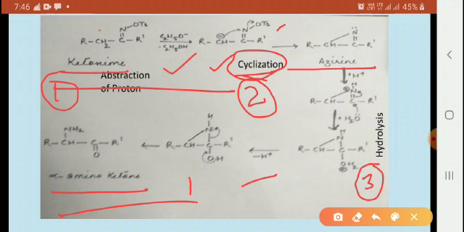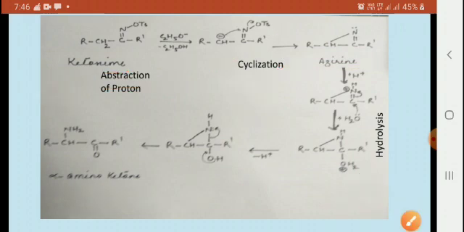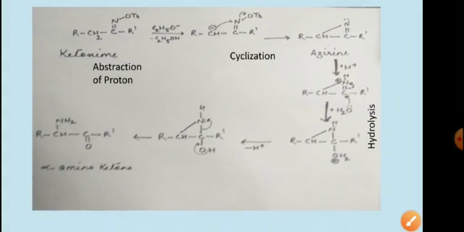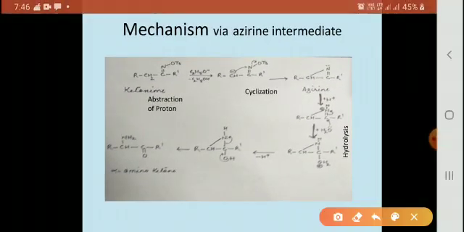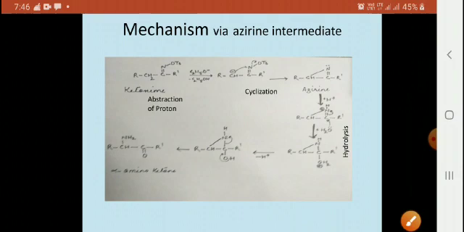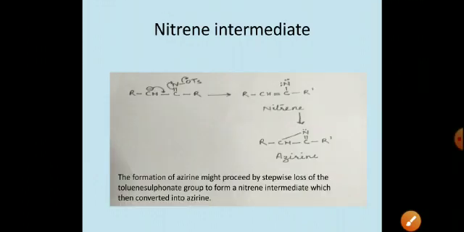It is also suggested that the azirine is formed via a nitrene intermediate.